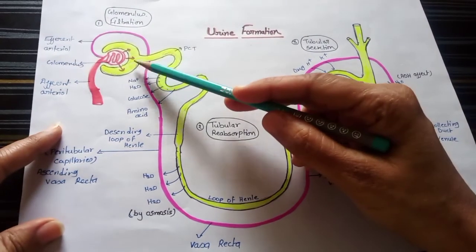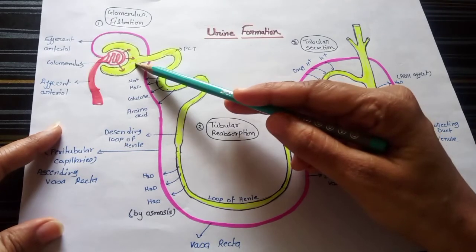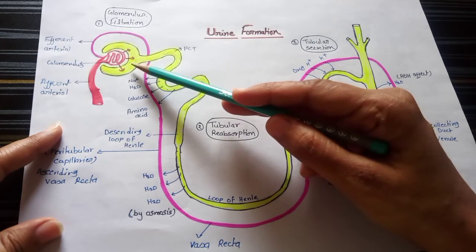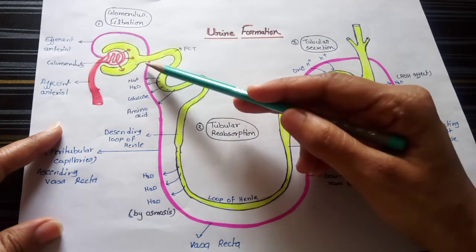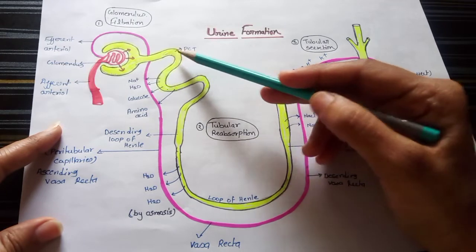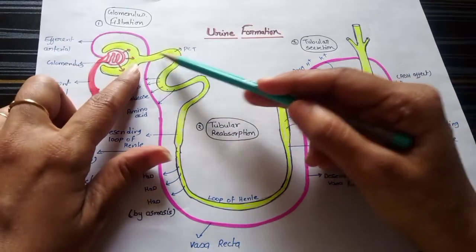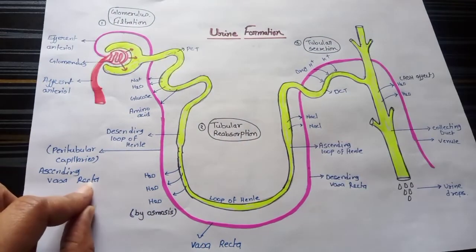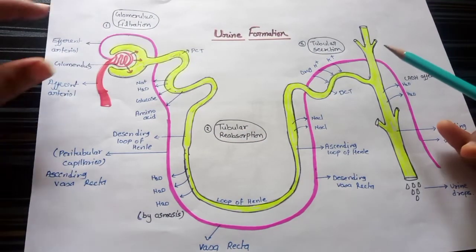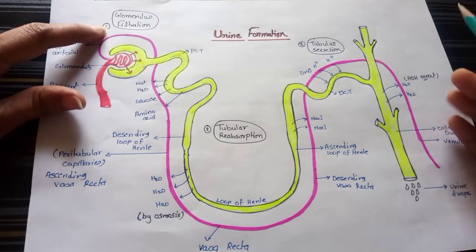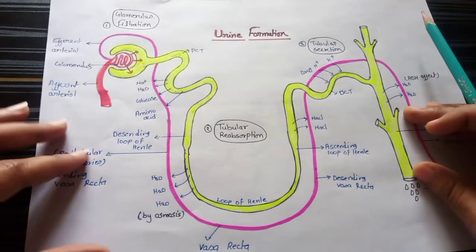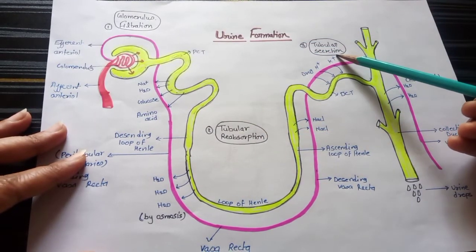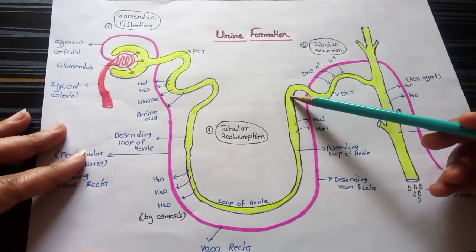It passes through along with the water, because the membrane is permeable to both water and salt. This filtrate leaves the Bowman capsule and enters the PCT. This is called the glomerular filtrate. So the first process is complete, that is glomerular filtration, meaning blood is filtered into the tubules. The second is tubular reabsorption and the third is tubular secretion. Both are done in the tubules.